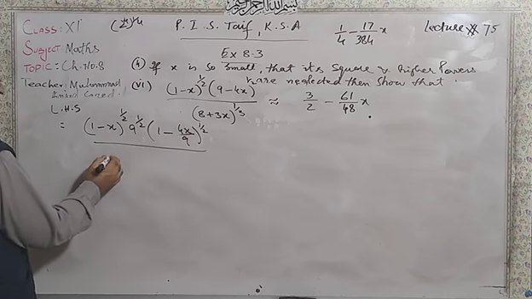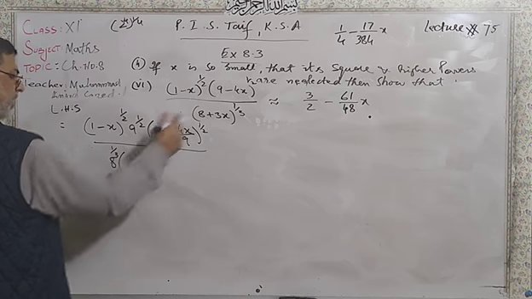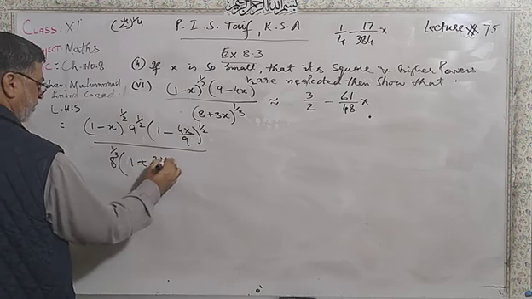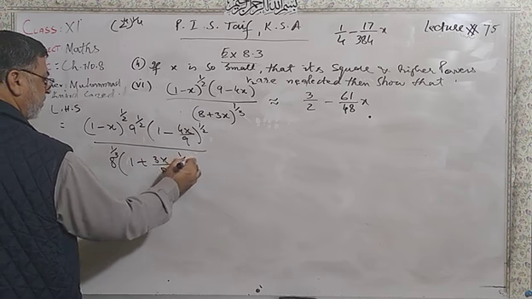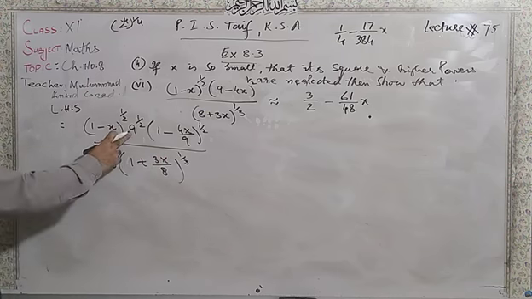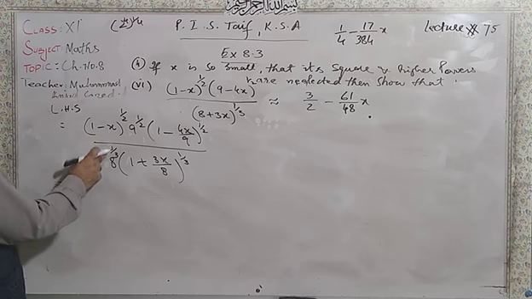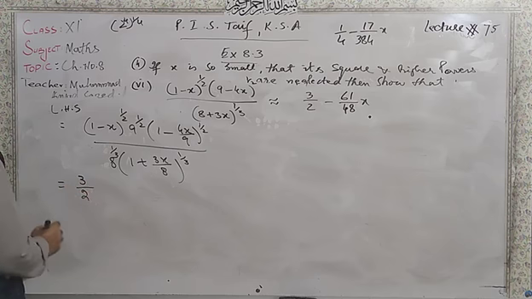From the denominator you can take 8 common with power 1 over 3 also, 1 plus 3x over 8 power 1 over 3. Dear students, 9 under root is 3 and 8 power 1 over 3 means 2 power 3 power 1 over 3. 8 can be written as 2 power 3.